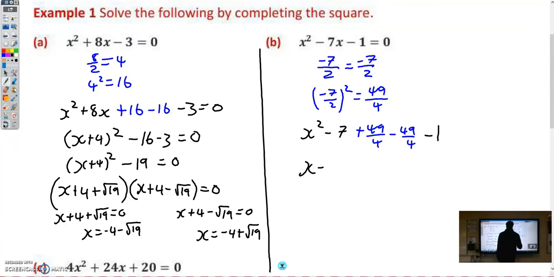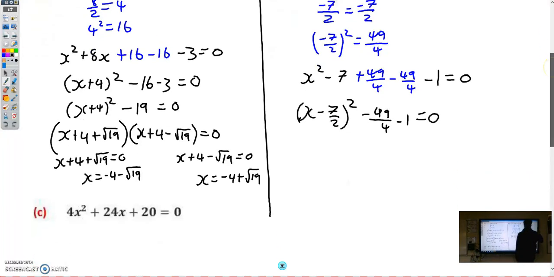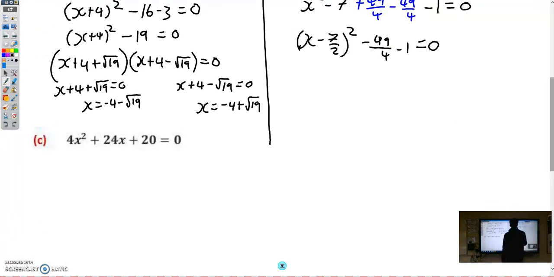So we have x minus 7 on 2 all squared minus 49 on 4 minus 1 is all equal to 0. We're going to simplify our minus 49 on 4, take away 1. So we have x minus 7 on 2 squared minus 53 on 4 equals 0. And then we use our DOPS.